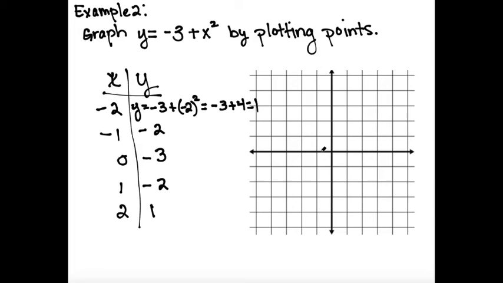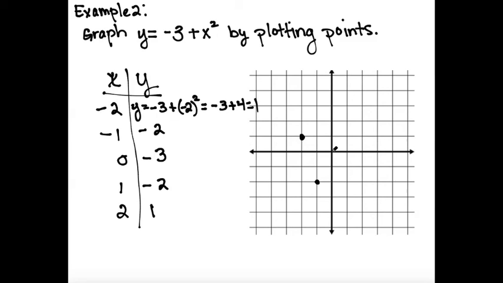-2, 1. So I'm going to go to the left 2 from the origin and up 1. -1, -2. I'm going to go to the left 1 and down 2. Then 0, -3.